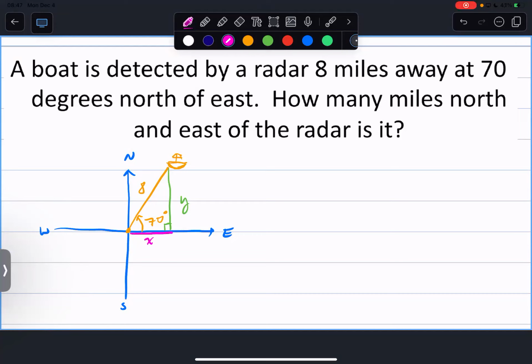Work on y first. There's lots of different ways that you could solve it, right? Let's stick to our go-tos. SOHCAHTOA. So the sine of 70 degrees, because I have my angle, is the opposite over the hypotenuse, which means y over 8. So then y must be 8 times sine 70 degrees.